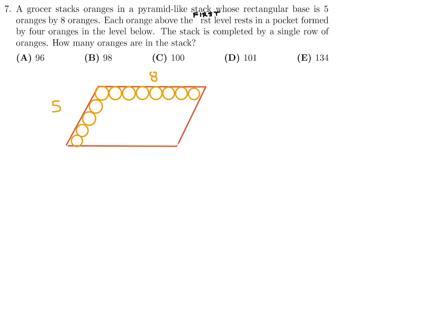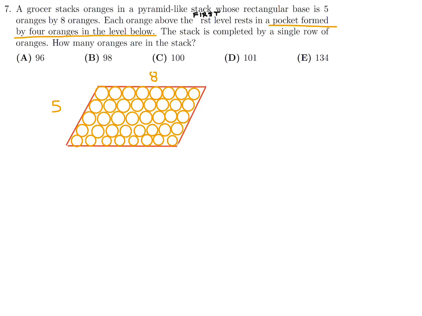So something like this, we've got basically a 5 by 8 rectangular base. And I didn't fill in all the oranges, but you get the point. And then basically what they're saying is that when you start the next row, each orange is going to sit on a pocket formed by 4 oranges below it, like that.